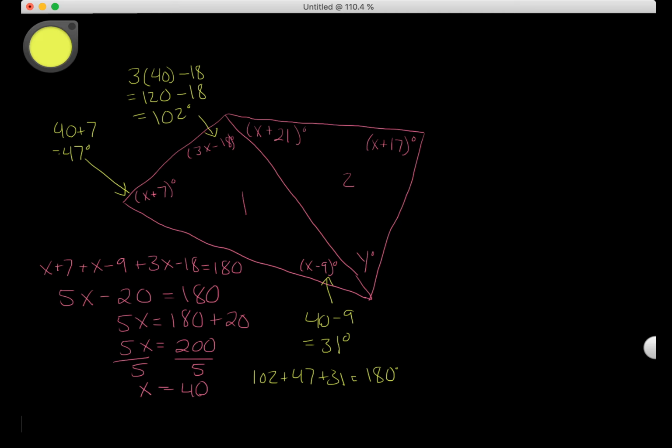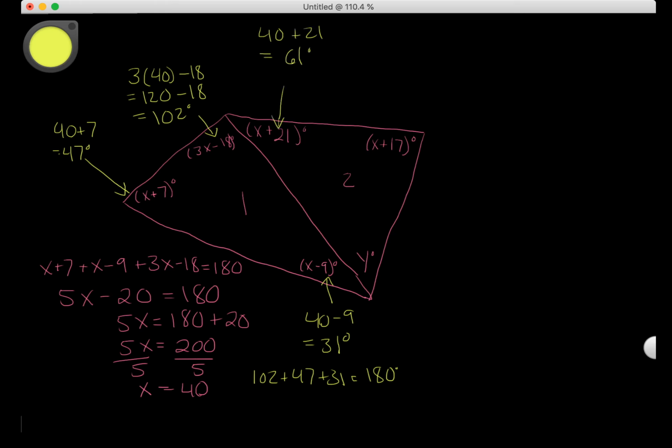So I can apply that now in this triangle. So if I can plug in and figure out what these two angles are, I can figure out what my unknown angle is, my y. Okay, so let's use 40 for these as well. So same thing we just did over there. So I have 40 plus 21. 40 plus 21 is 61. So this angle is 61 degrees.